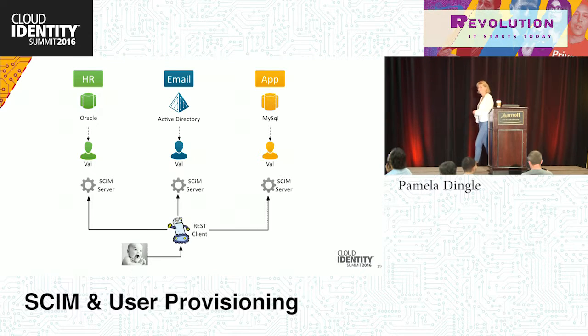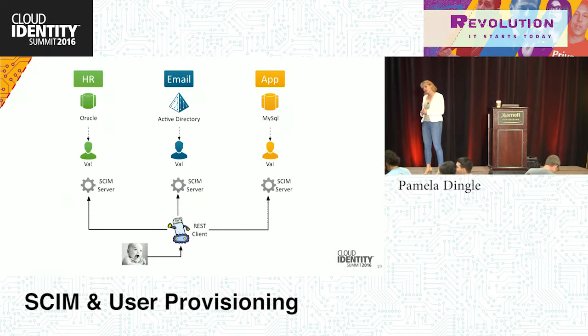Yeah, I mean, is it implied that one SCIM server is taking care of all user provisioning in different repositories, or is each repository supposed to have its own SCIM server? Oh, good question. In this picture I've depicted separate repositories, each with a SCIM server interface sitting in front of them.